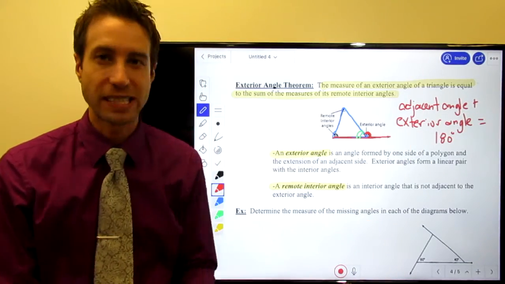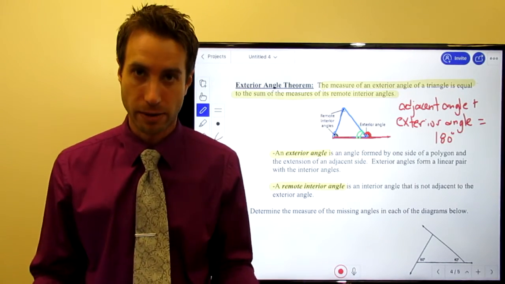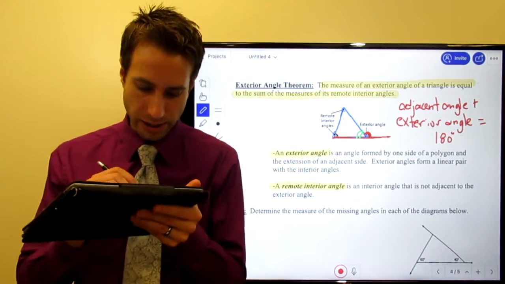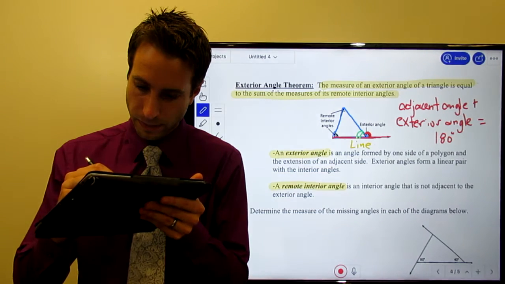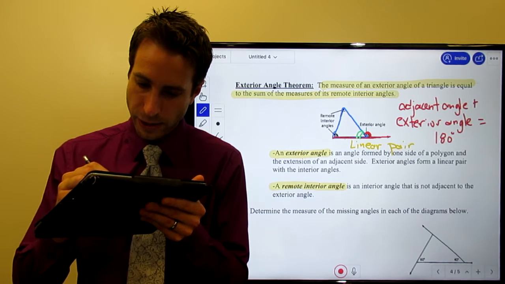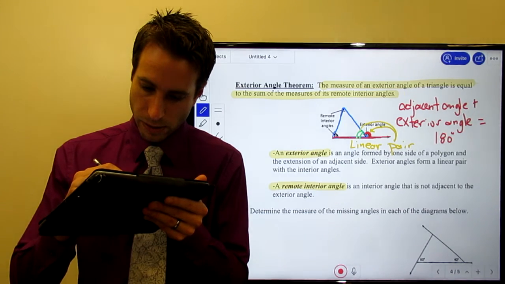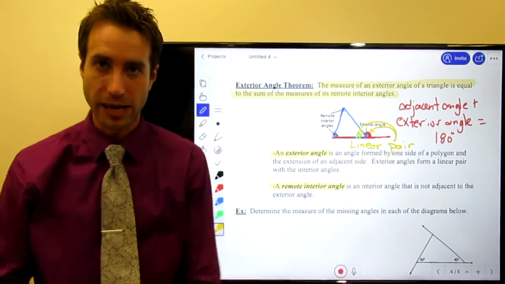Guys, it's really just a fancy way of saying the adjacent interior angle and the exterior angle, they're a linear pair, right? These two angles, they're a linear pair. You add them together, you get 180 degrees.